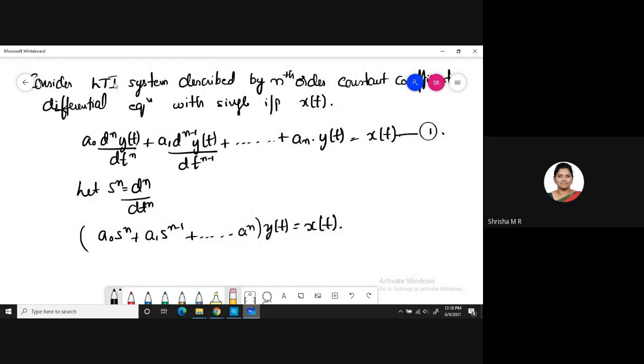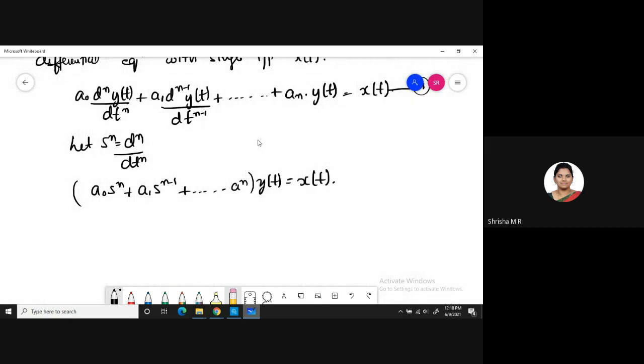Because it obeys the law of superposition, the total response of the system is equal to the sum of the natural response and the forced response. So let us see what this natural response and forced response are.